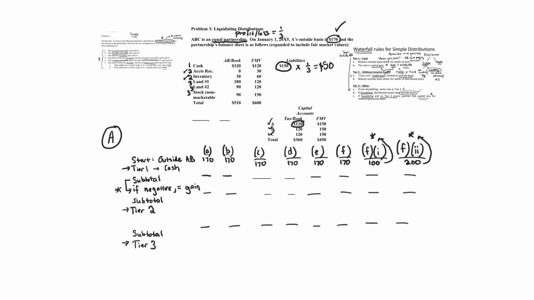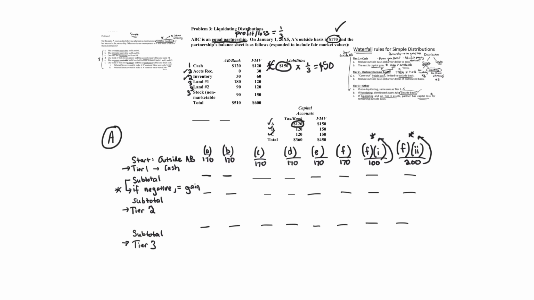So in situation A, we're told that partner A gets accounts receivable and land 1. The first question is, do we have any cash in this situation? At first you say, okay, we're not told we have cash. However, and this is where you have to pay close attention, liabilities. In problem 2, I noted that there were no liabilities. Anytime you have liabilities in tax and property transactions, always, always, always take note of them.